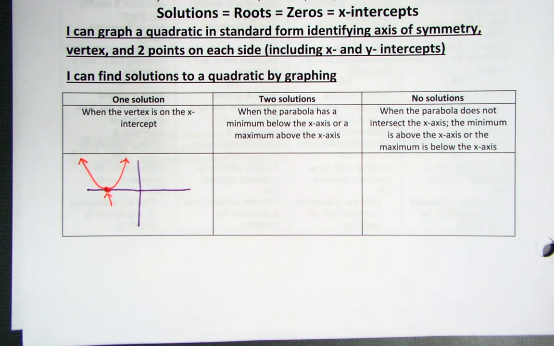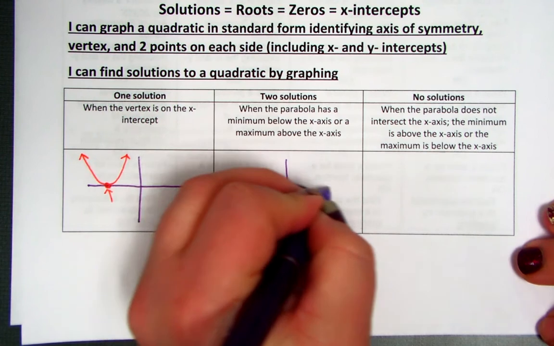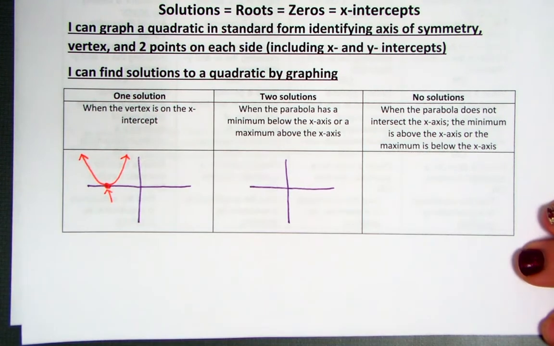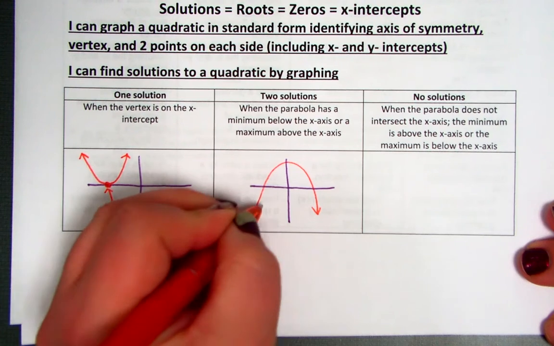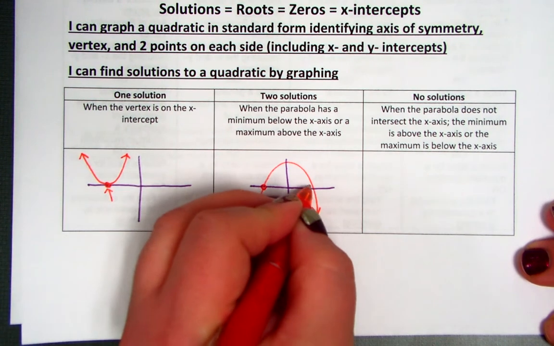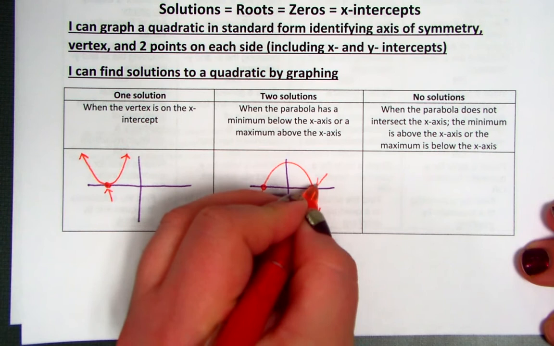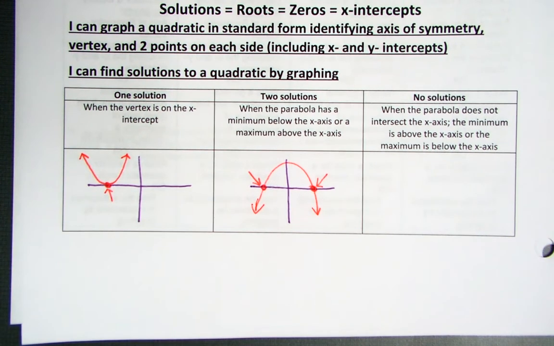In a situation where a parabola has two solutions, we would see the parabola either opening up or opening down. Any of these can open either way, but it would cross the x-axis in two locations, much like what we just saw when we were learning about the anatomy of that quadratic function.